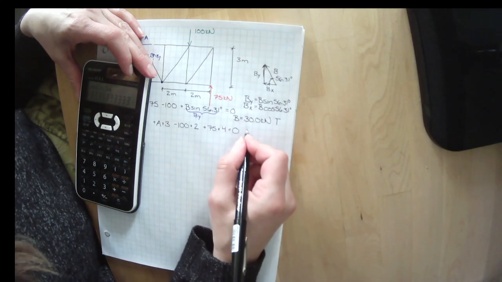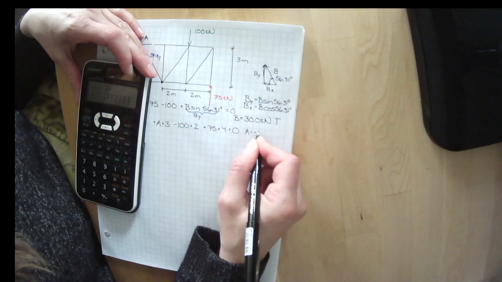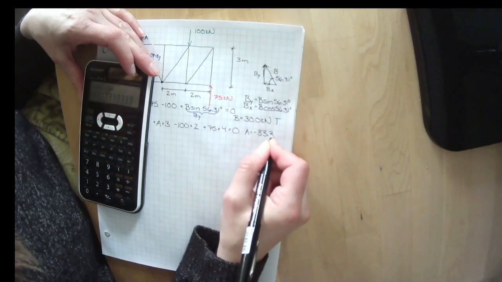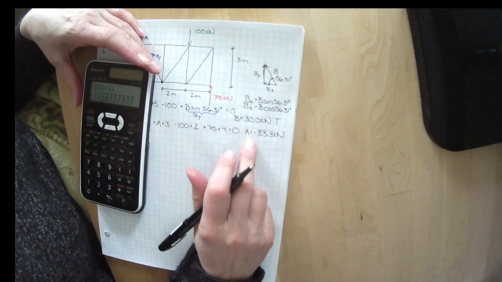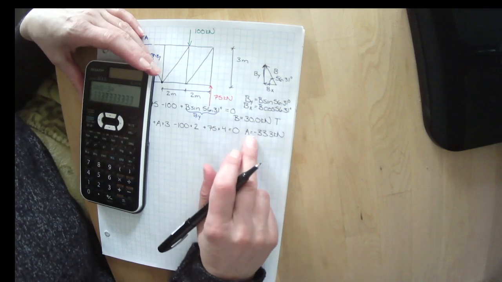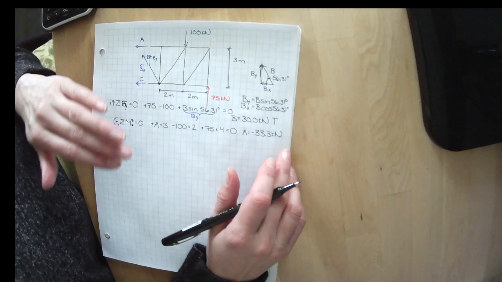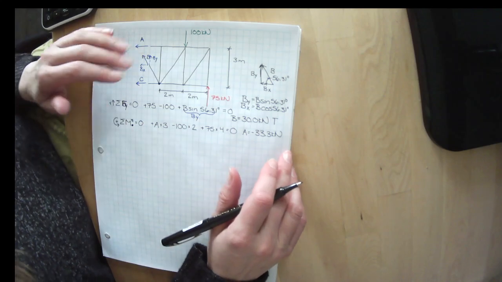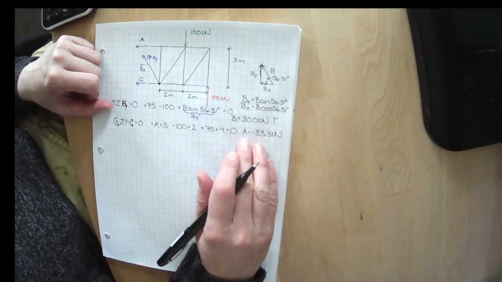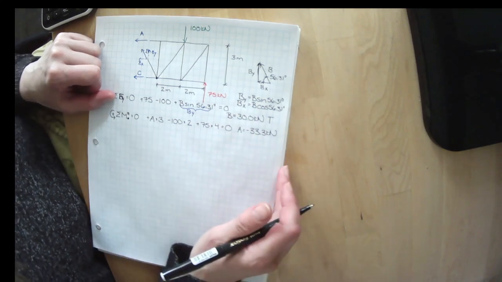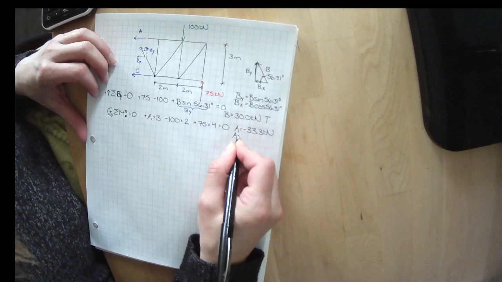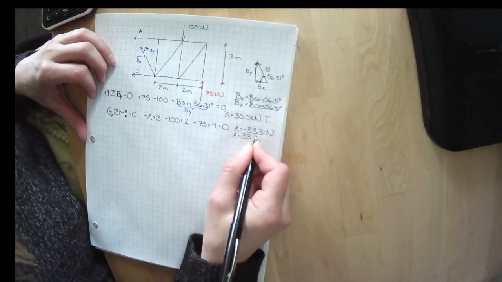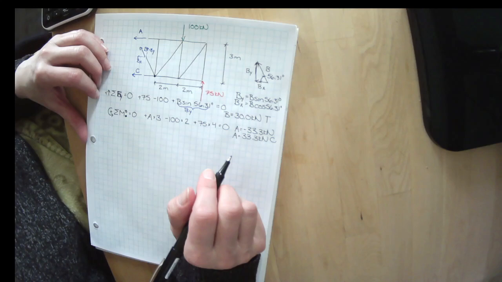And I get that A equals minus 33.3 kilonewtons. Well, what does a negative number tell me? A negative number tells me I guessed wrong. So since I always guess things to be in tension, that means a negative will always tell me that it's really in compression. So I have A equals 33.3 kilonewtons in compression.